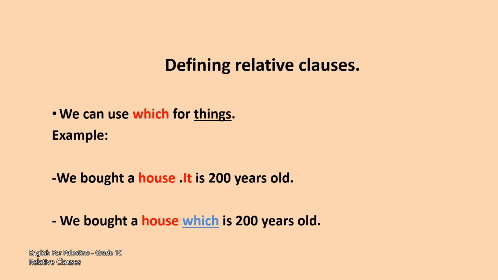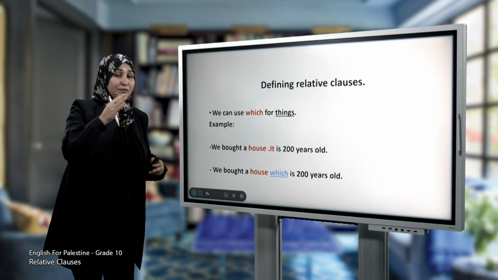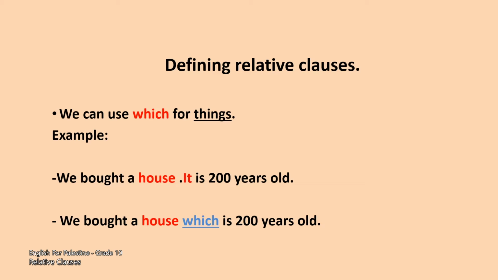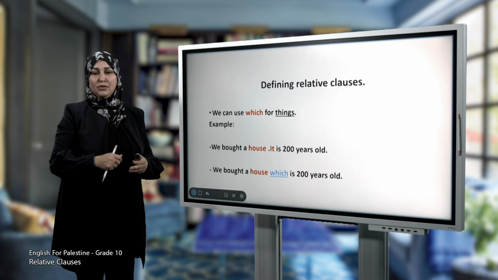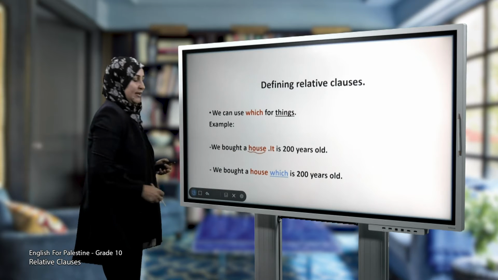Defining relative clauses: we use which for things. Example: we bought a house. It's 200 years old. In these two sentences, we are talking about one thing, the house.